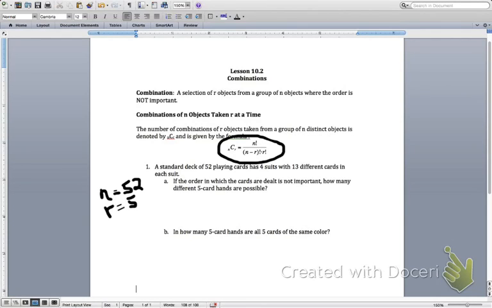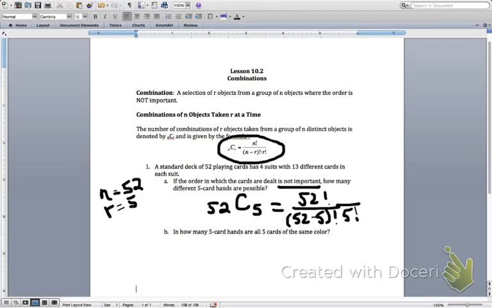So I'm doing a combination because the order is not important, of 52 cards, choose 5. To write out the formula, it would be 52 factorial over 52 minus 5 factorial times 5 factorial.